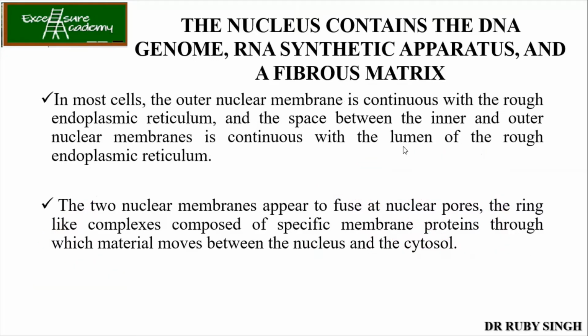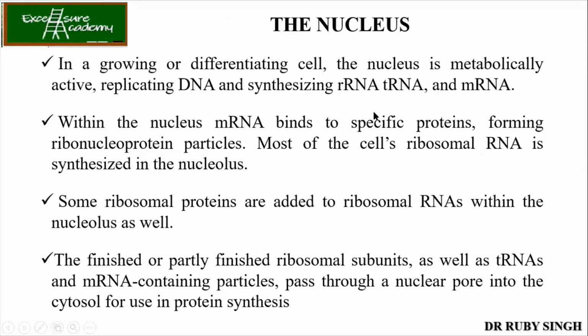Okay, now in a growing or differentiating cell, the nucleus is metabolically active. So you have your DNA synthesizing RNA, tRNA, mRNA. Within the nucleus, mRNA binds to specific proteins and forms ribonucleoprotein particles, which are then transferred outside to the cytoplasm. Some ribosomal proteins are added to ribosomal RNAs within the nucleus as well.